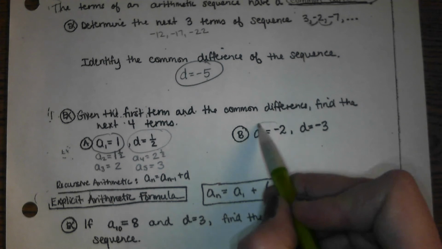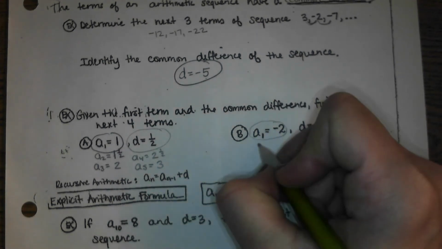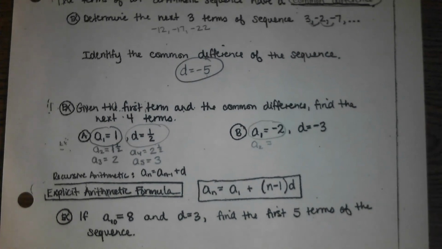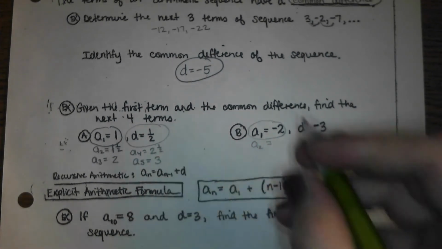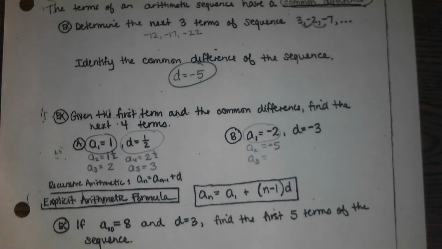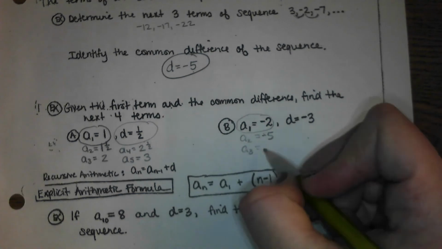The first term here is negative 2, and we have a common difference of negative 3. So, Jason, what would the second term be? Very good. Jack B, what would the third term be? Negative 8.